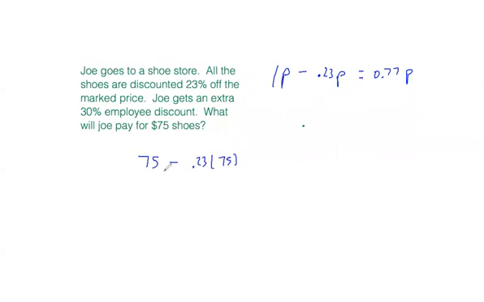And then after we get that, we're going to take another 30% off of that price. Now, writing it out, that can be pretty complicated, can't it? So let's not write it out, and let's just use our calculator and figure this one out.